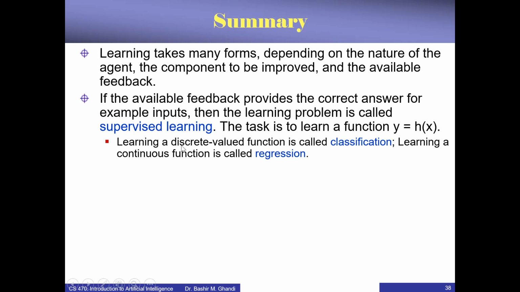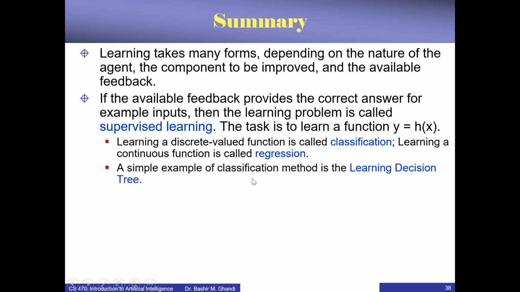If you have discrete valued output, then the learning is called classification. Whereas if the output is continuous, like a real number, then it is called regression.